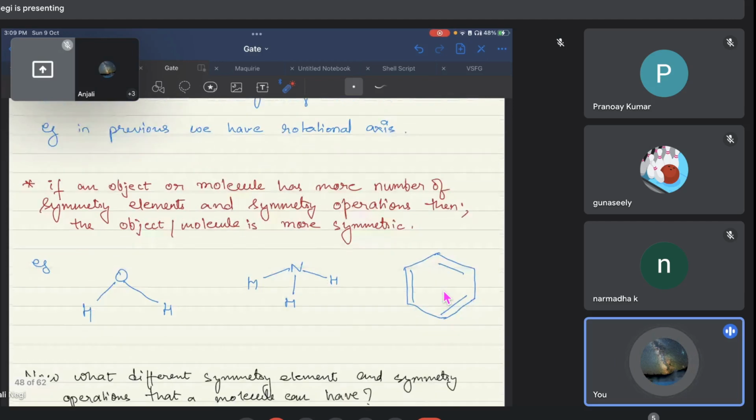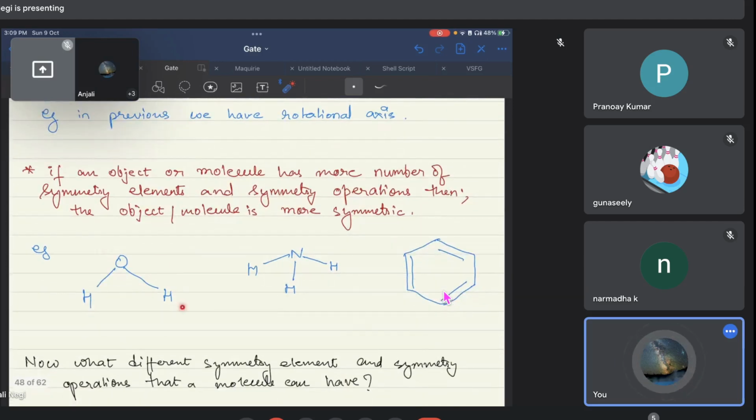For example, here I have a water molecule, ammonia, and one benzene ring. You can take this example for a later stage also, when you have completed all the symmetry elements.